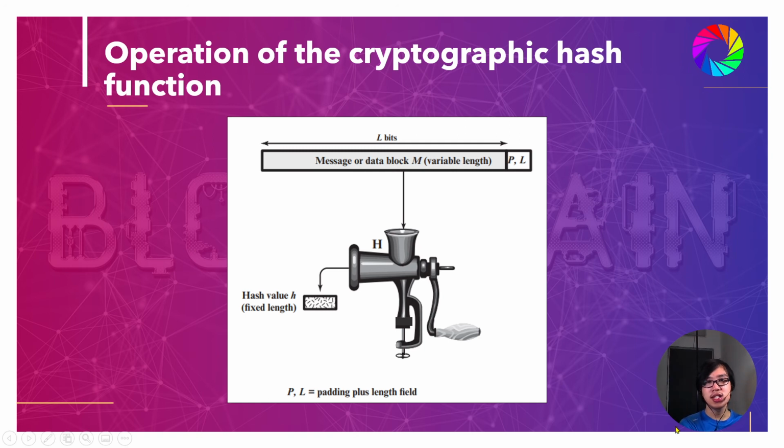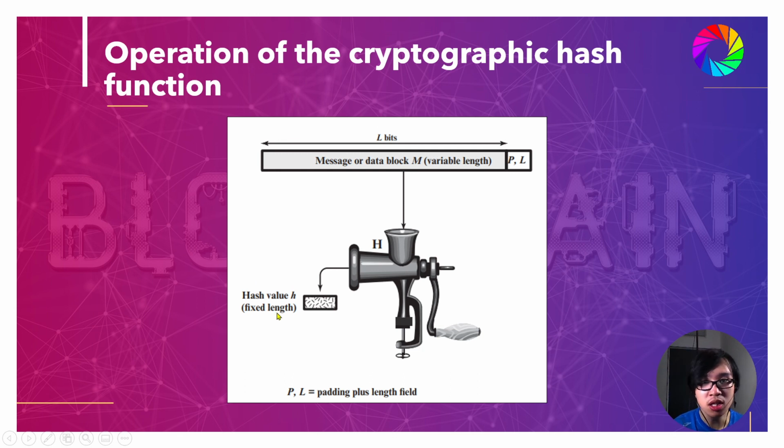So the process is like when we put a message or data block m in a variable length. That means it's not a fixed length. It can be 1 MB, 2 MB, 1 gigabyte, 2 gigabyte, 1 terabyte also can. Then it will go to the hash function. The hash function will make it go to a fixed length hash value.